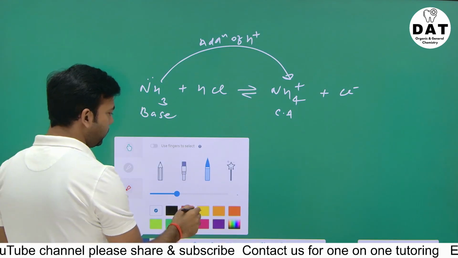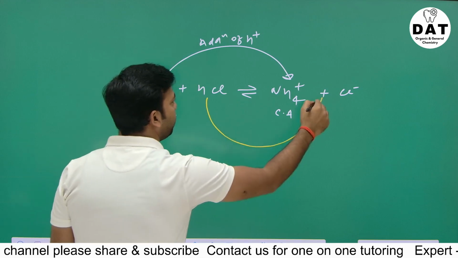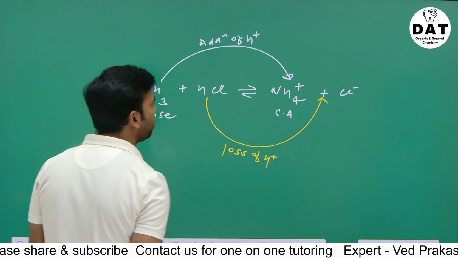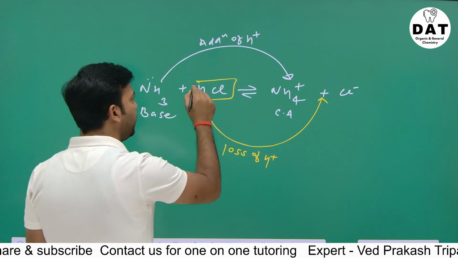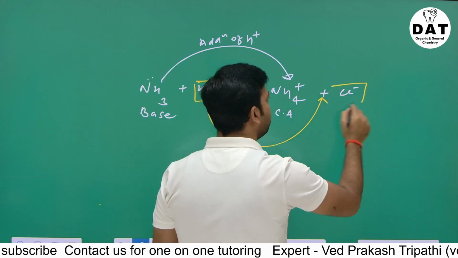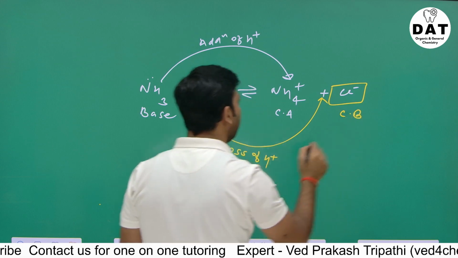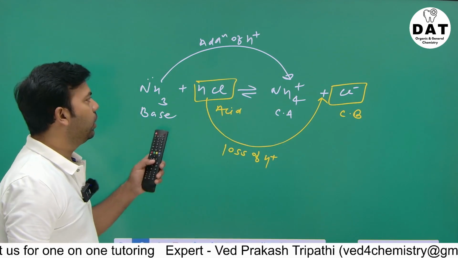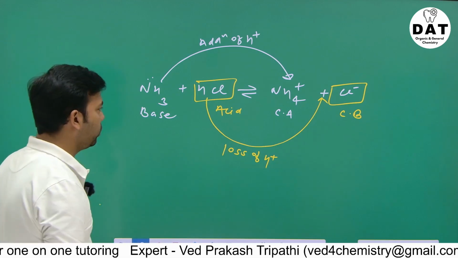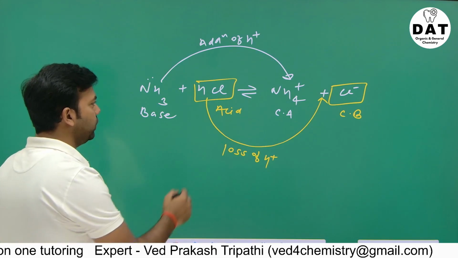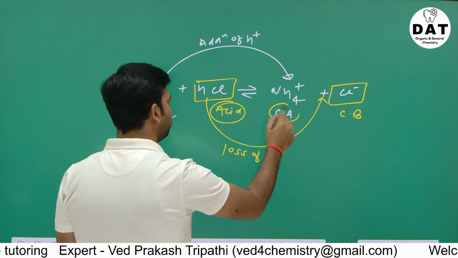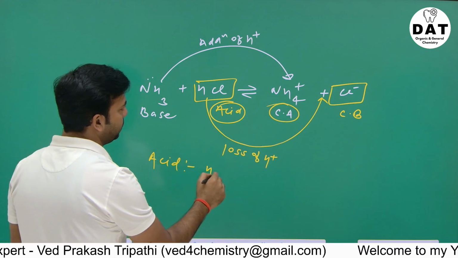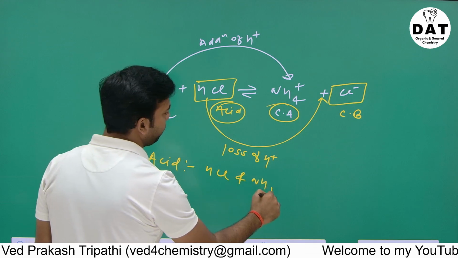Now the next is HCl to Cl minus. There is a loss of a proton. Clear? Because this is HCl and this one is Cl minus. So this is a conjugate base, and this is what? Acid. So if my question is which one is my acid here, these two are the acid, HCl and NH4 plus.